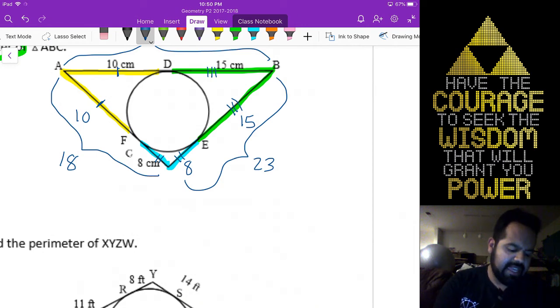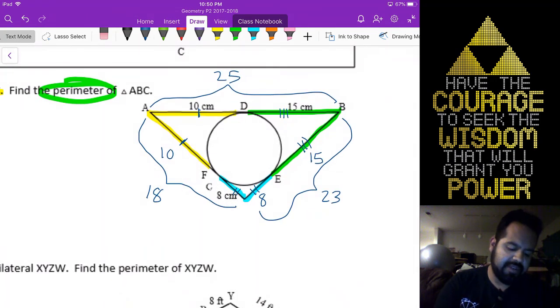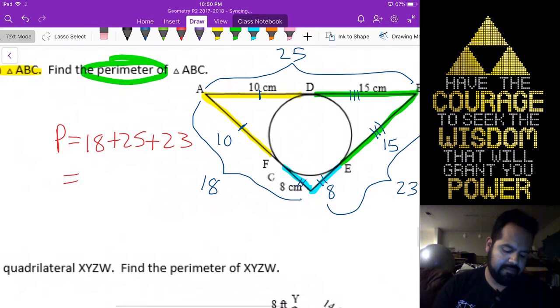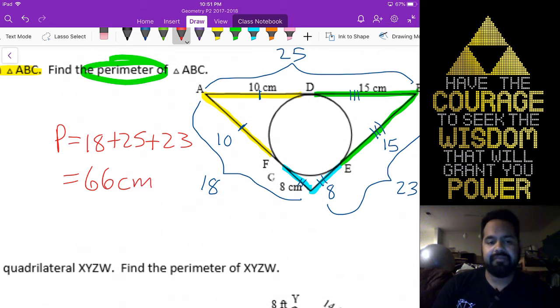So then we're just going to add up all three of those. So my perimeter will equal 18 plus 25 plus 23. So I believe that's going to give us a nice 66 centimeters.